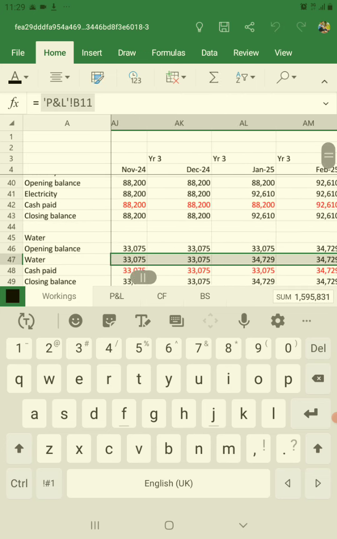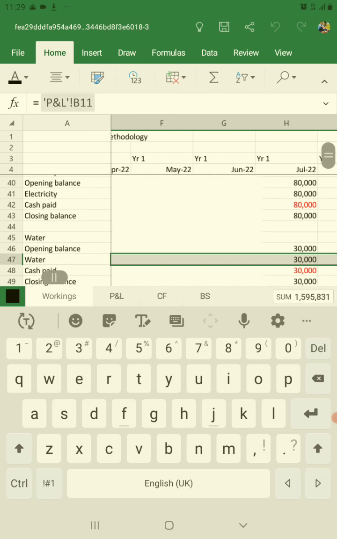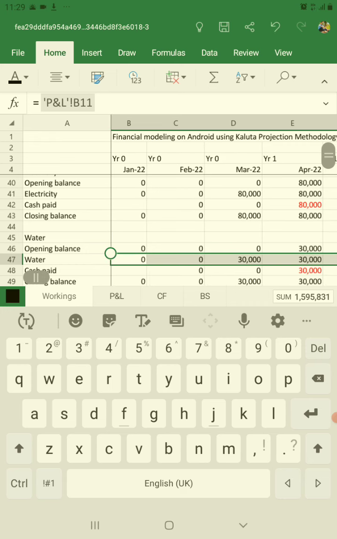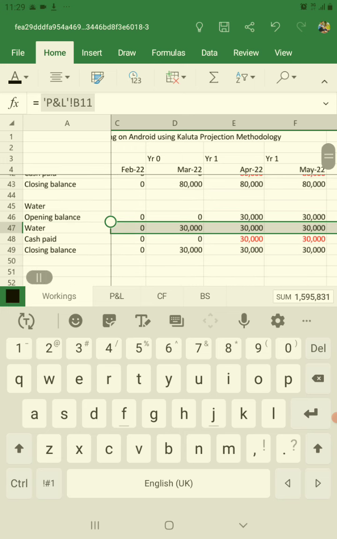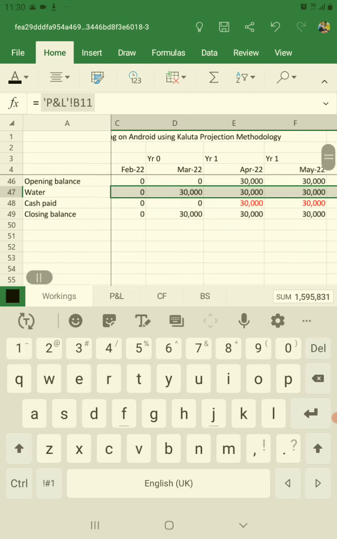So you can see the changes here. It reflects the water case.